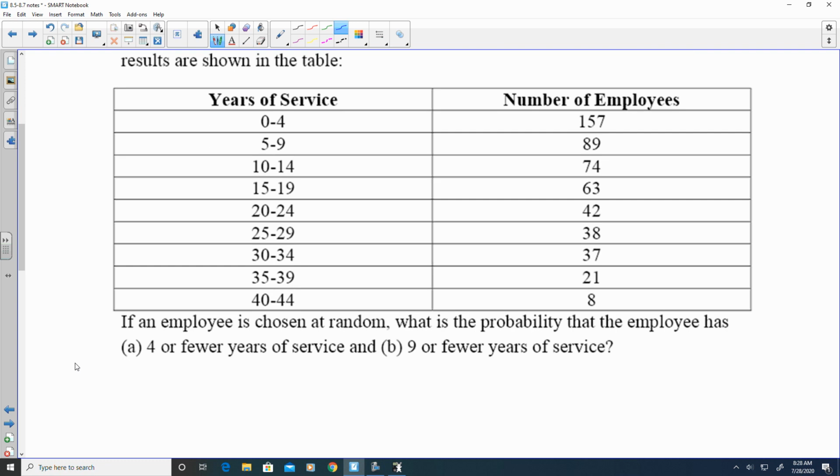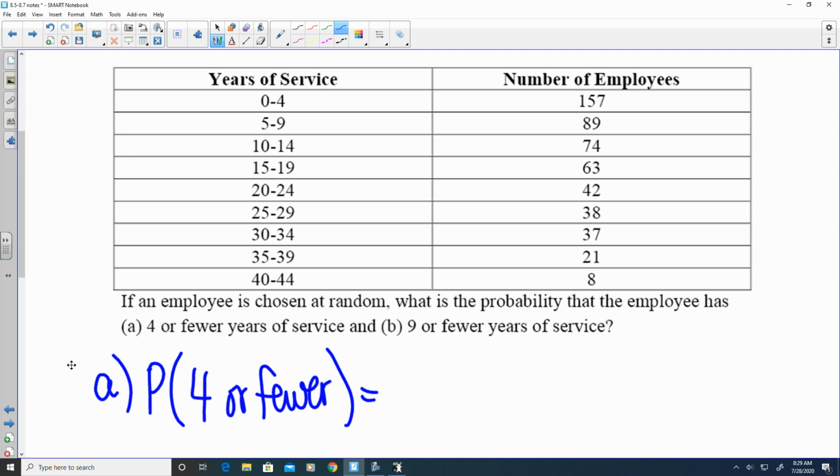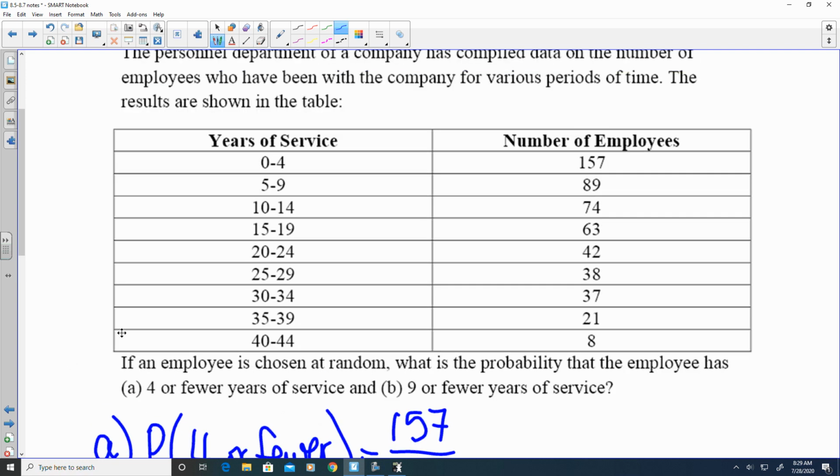If an employee is chosen at random, what's the probability the employee has worked for 4 or fewer years? So that one is just looking at 4 or fewer. This one's just looking directly at the table. That's the first one, 157. But I actually don't know how many total employees there are, so we need to add up the employees. That is important. 529.